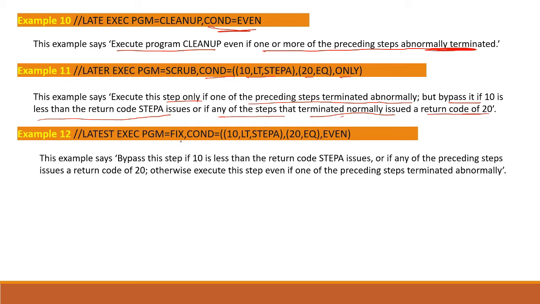Okay. And next one, bypass this step if 20 is less than the return code step 1 issued, and if any of the previous steps issued a return code of 20, also bypass this. Otherwise execute this step even if one of the preceding steps terminated abnormally.